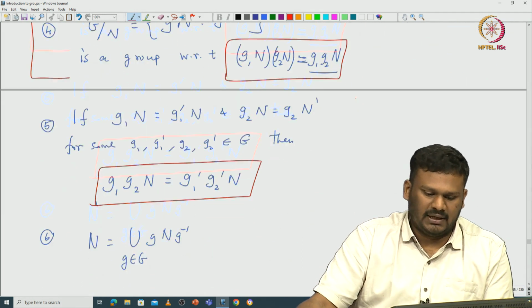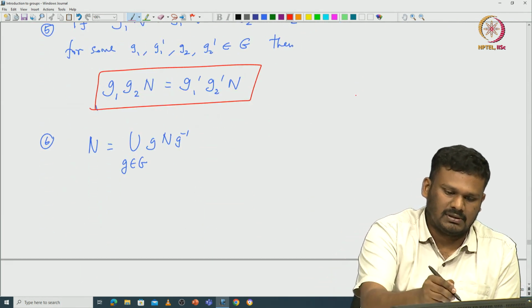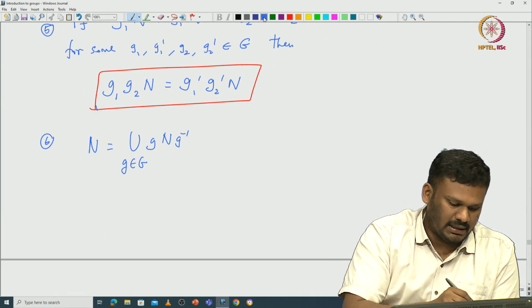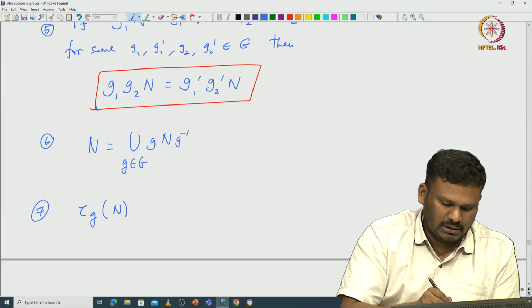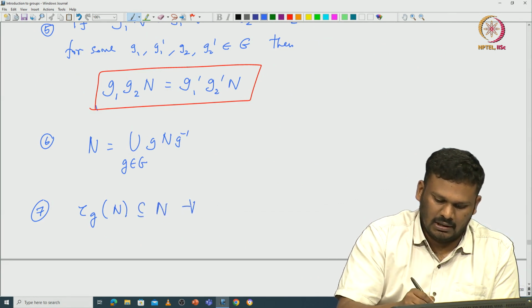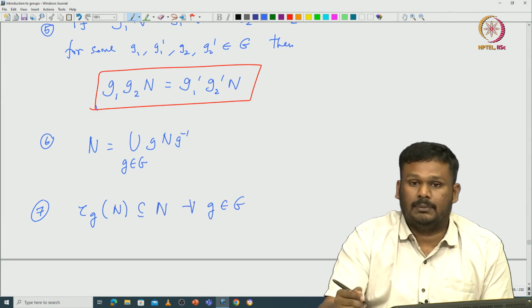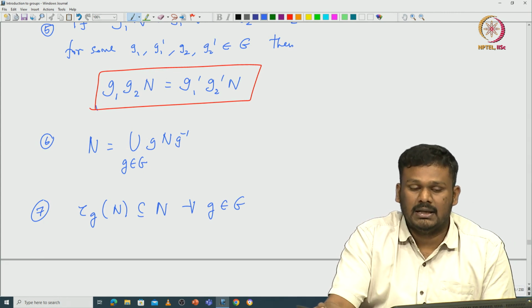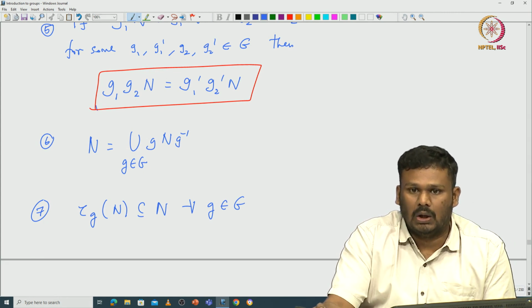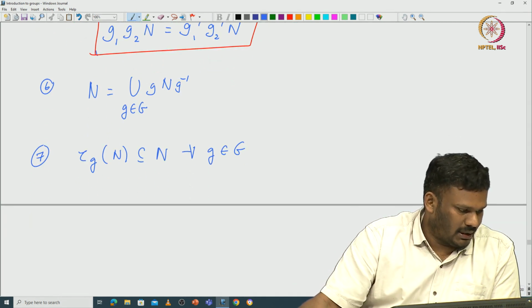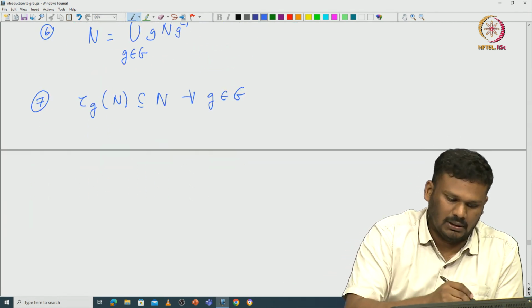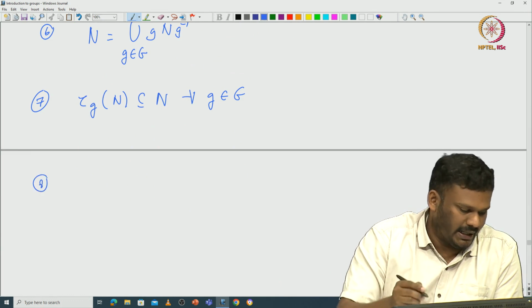Okay, so if we take these inner automorphisms, then one can rewrite the definition as follows. You take tau g of capital N, this should be a subset of capital N for all g in G. So that means this subgroup capital N is invariant under all inner automorphisms of G. Okay, so here is another important characterization which we call 8.